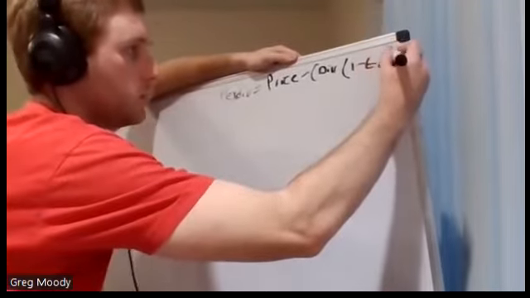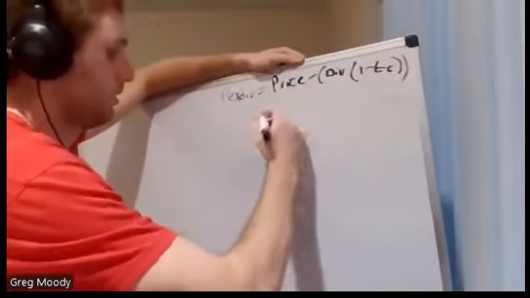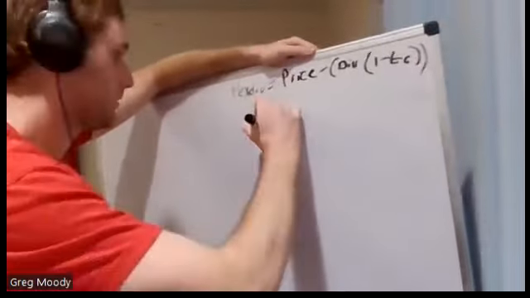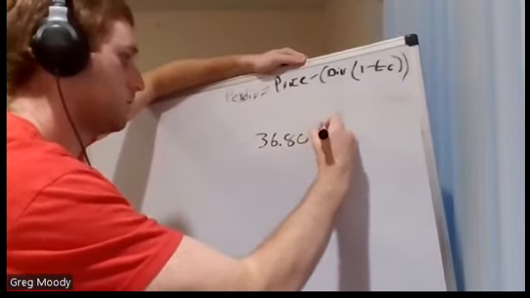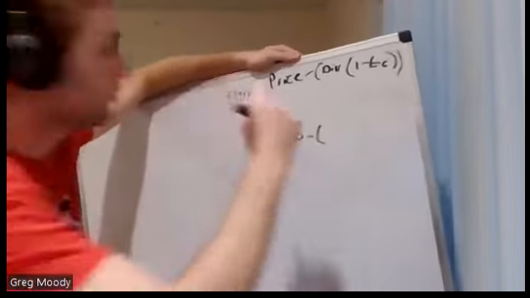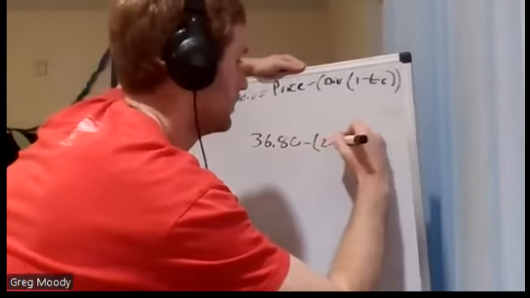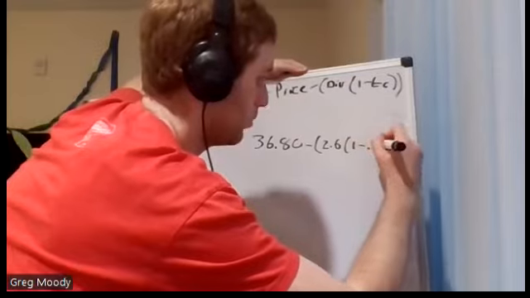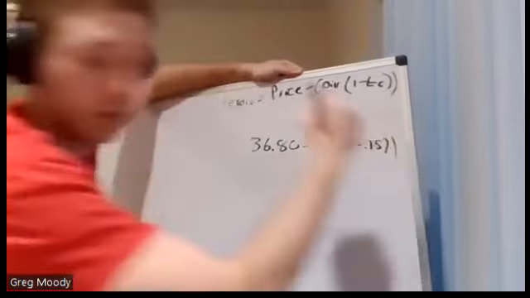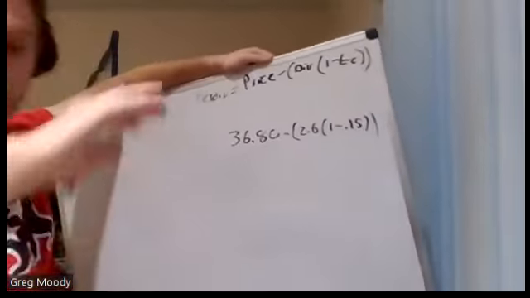And this is going to be the equation we use. So we're really just going to plug it in. Our price is 36.8. We're going to subtract our dividend, which is 2.6, times our taxes, which is 1 minus 0.15. Let me double check. That's our tax rate. It is.